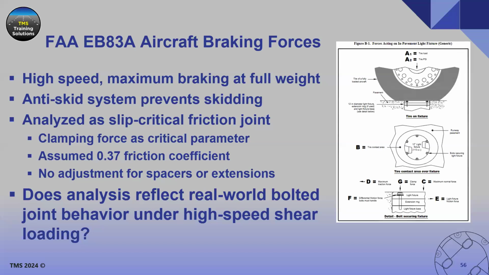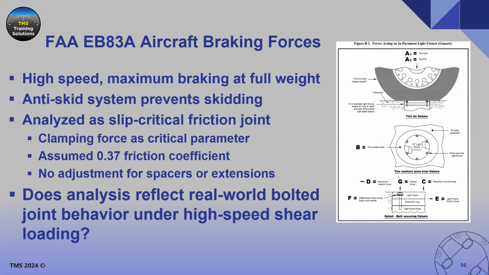So really it's a rejected takeoff scenario where an aircraft is accelerating up near its V1 speed, where it's going to be committed to take off, and then the takeoff is rejected, causing a high speed, maximum braking, full weight event. We assume anti-skid systems are working, and pretty much every modern aircraft has an anti-skid system that prevents the wheels from locking while it's braking. So you've got a rolling wheel going over the light in that scenario.